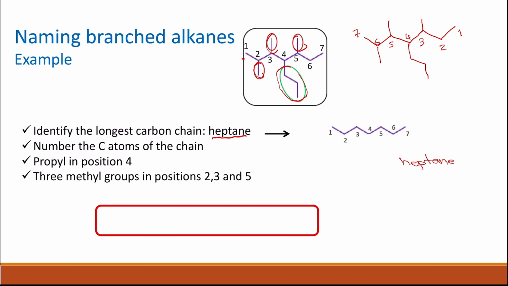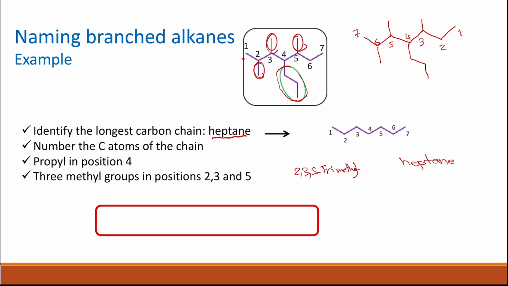Then we're going to add the different substituents. We're going to start off with the methyl groups. We have three methyl groups on carbons 2, 3, and 5. And we're not going to say 2-methyl, 3-methyl, and 5-methyl. We're going to say 2,3,5-trimethyl, which means three different methyl groups.